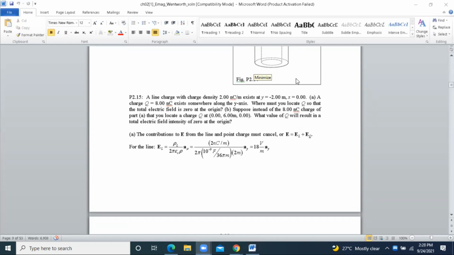So first thing, we have the information, so you consider the equation to determine the electric field intensity. So the electric field intensity would be that which is due to the line charge plus that which is due to the point charge, right? Yes.